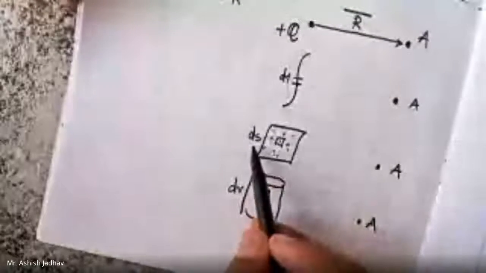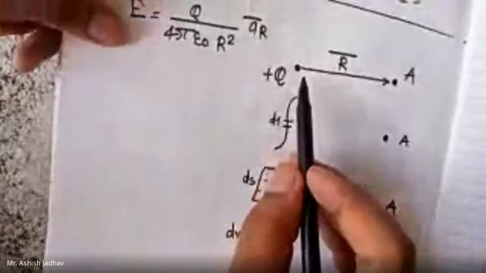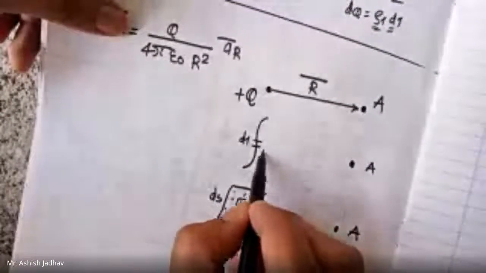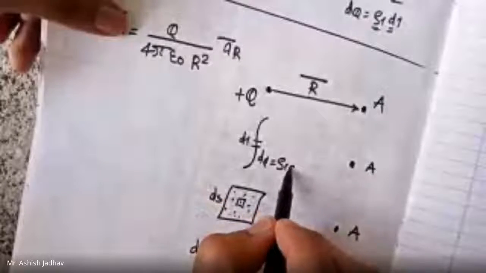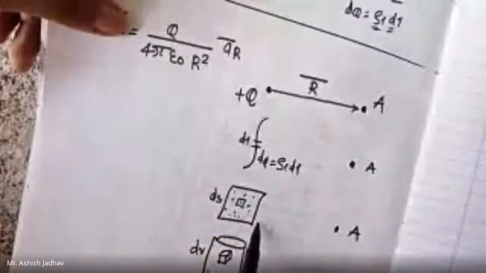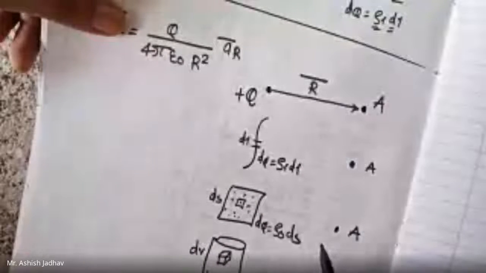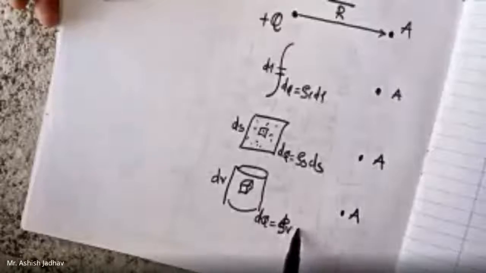So this dL or dS or dV will act as a point charge that will carry dQ. So dQ is equal to rho L dl in this case. In this case, dQ is equal to rho S dS. In this case, dQ is equal to rho V dV.